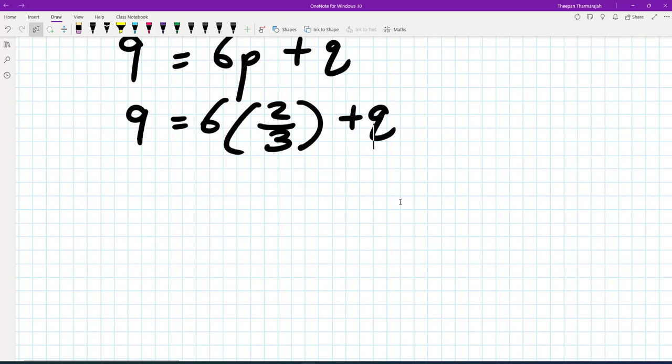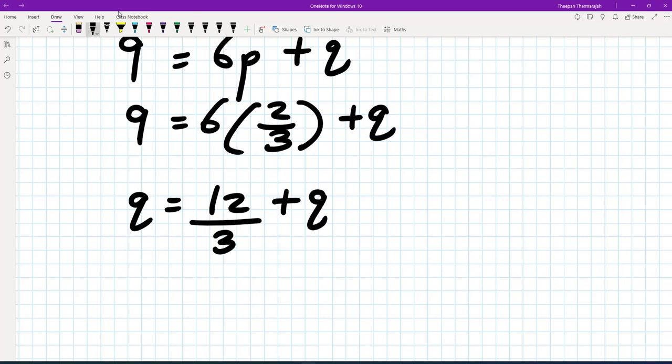We can just multiply them, so we get 12 over 3 plus q.